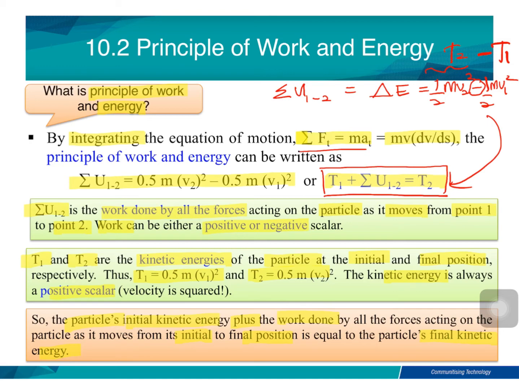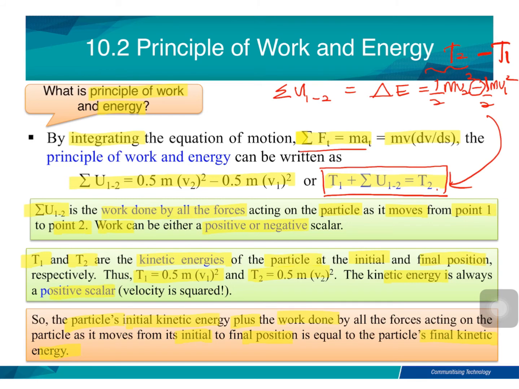So you must remember that T1 is half mv1 square, and T2 is half mv2 square. Right? Understand? So the total work done means the work done by all the forces. So you must identify what is the work done in the problem, acting on the particle as it moves from point 1 to point 2.